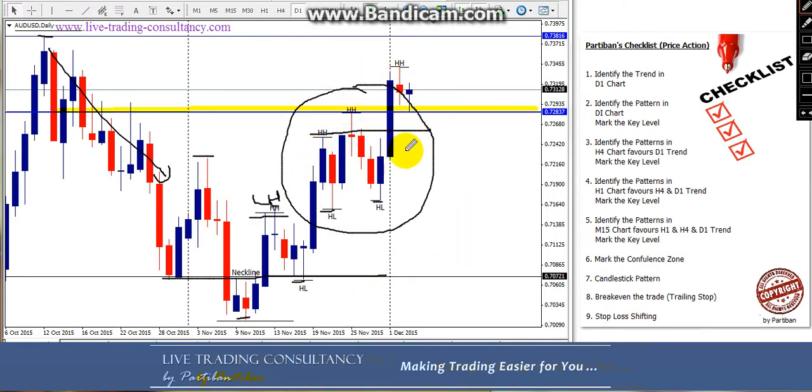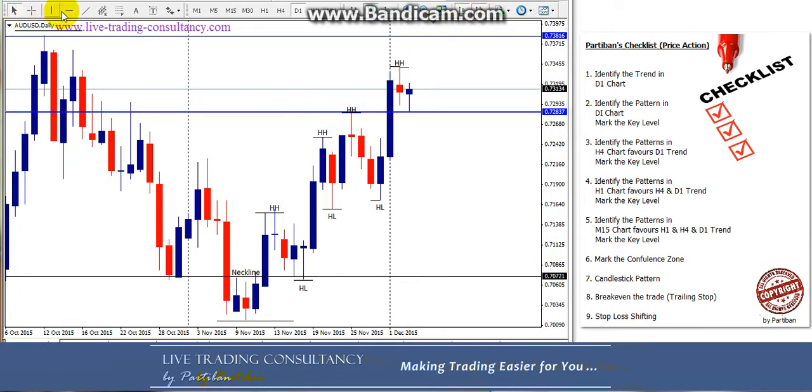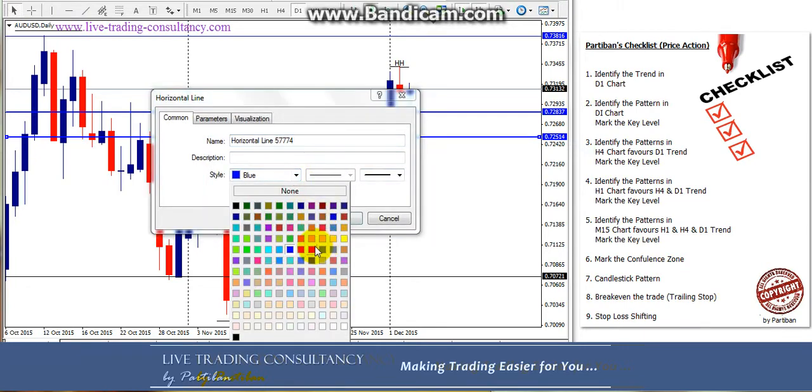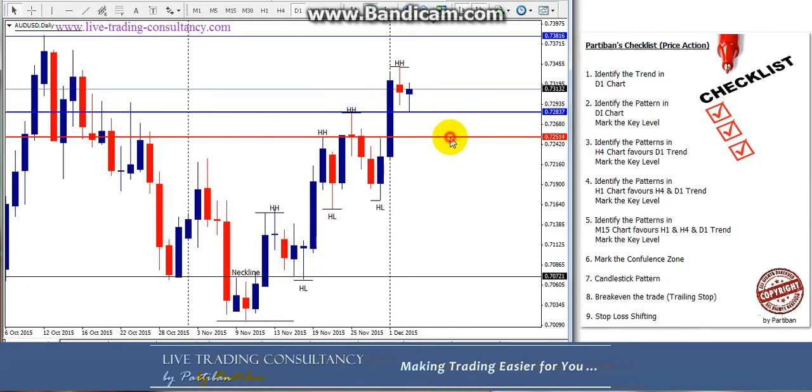Once I've identified this, I'll go to the H1 chart. This is the H4 chart favoring the daily trend. Mark the key level, so I'm going to mark the key level over here. Let me change the color. And then the H1 chart.